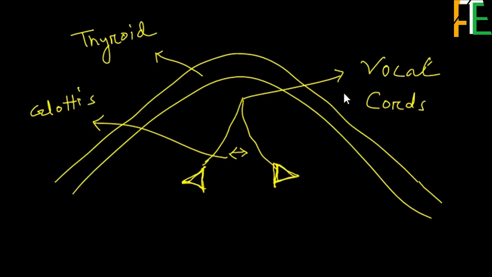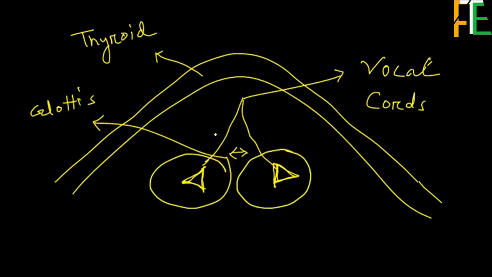So here is the figure. You can see the vocal cords here, and the gap between the vocal cords is the glottis.